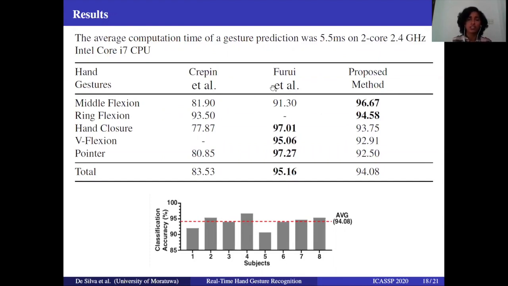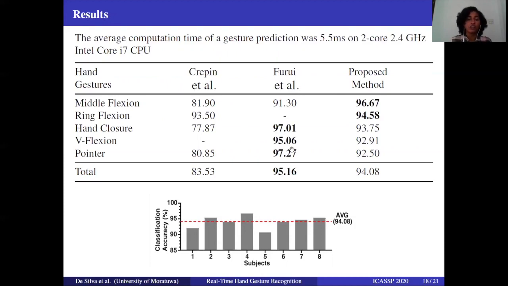When comparing with the study conducted by Furi, it is important to note that the Myo band has this inherent limitation that all the electrodes should be placed on a common circumference. This limits the access to some of the muscles that are directly linked with certain finger motion. So even with this limitation, we were able to achieve comparable results with the study conducted by Furi.